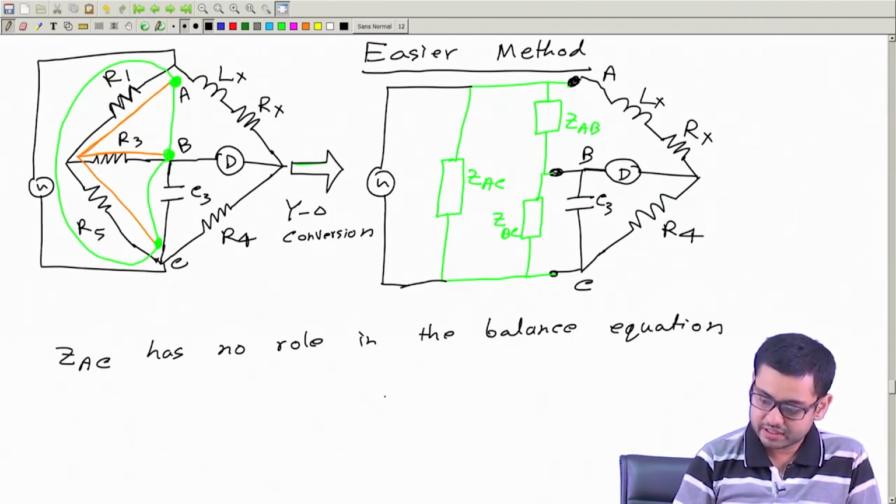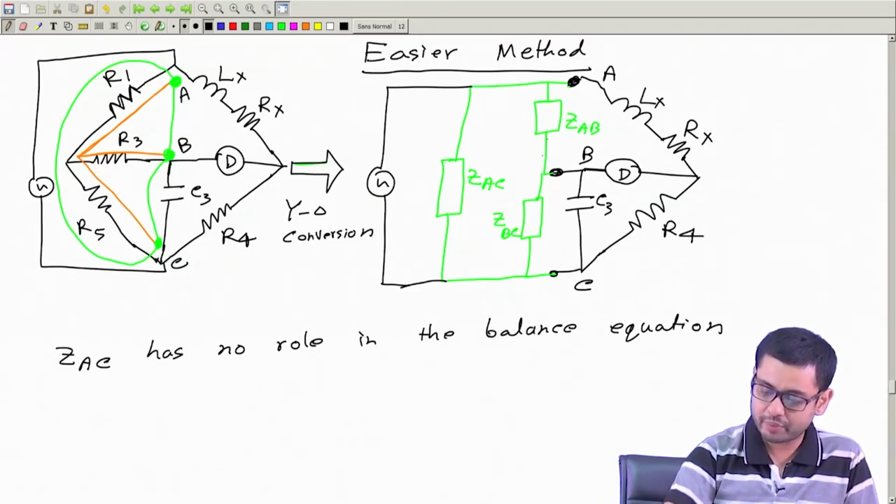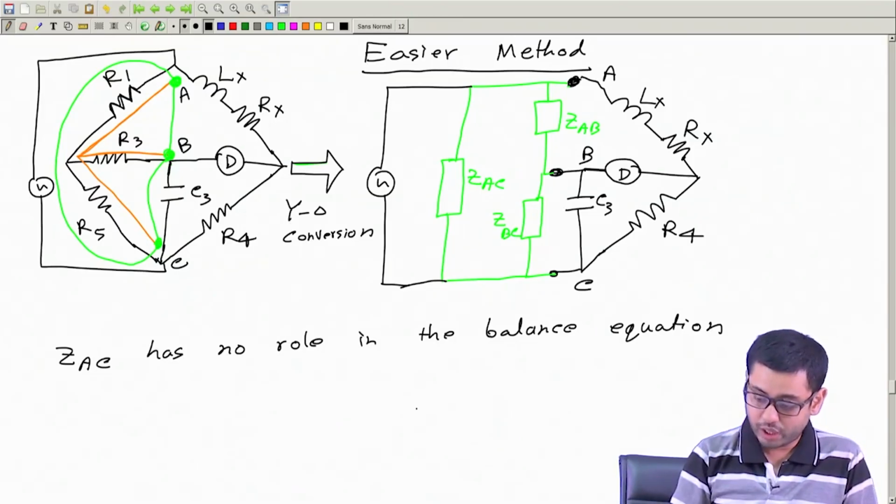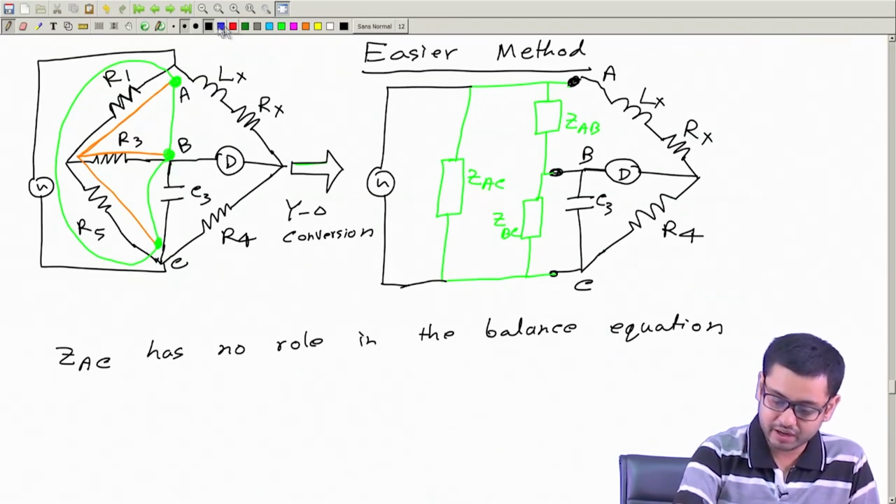And this part is now a four-arm bridge. What are the four arms?